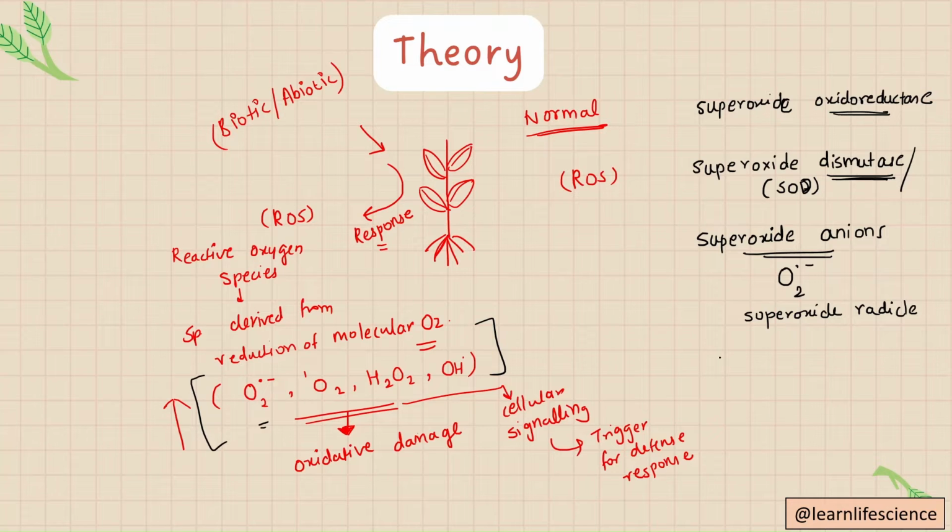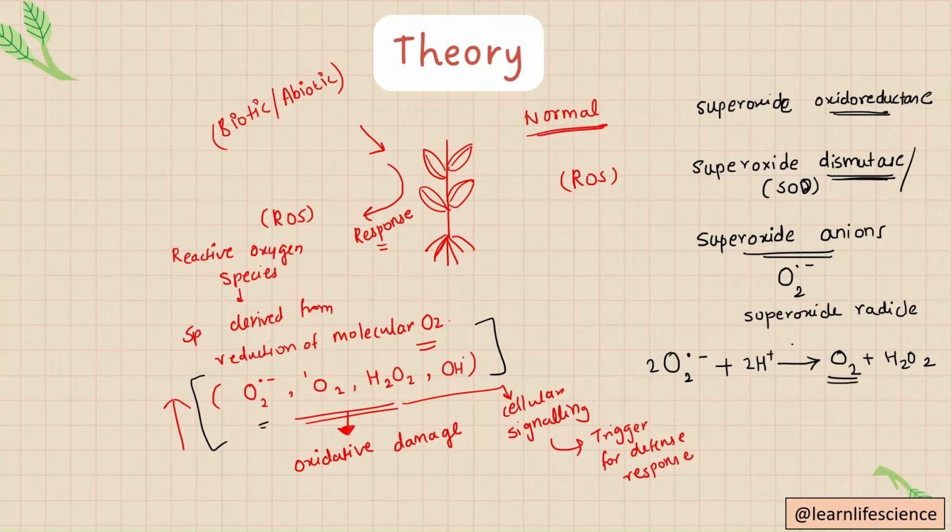Now if we talk about the reaction, then the superoxide radicals in the presence of protons are going to get reduced to an oxygen molecule, and a single hydrogen peroxide molecule will be generated.